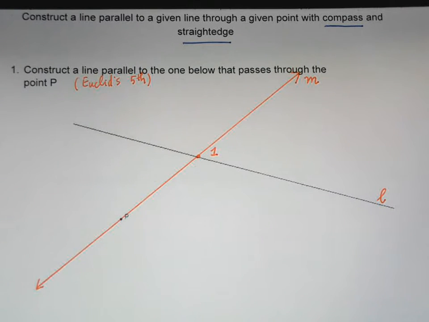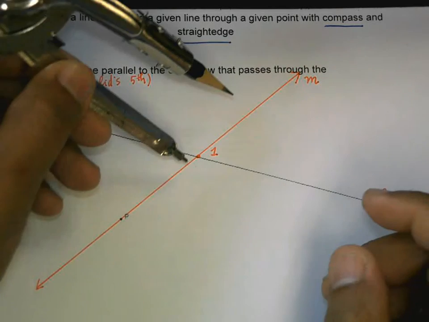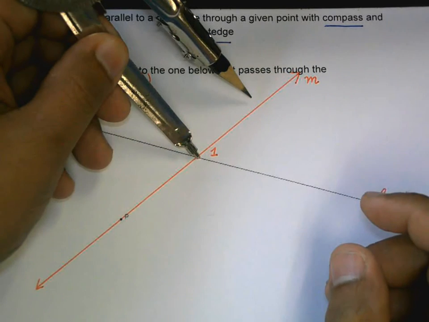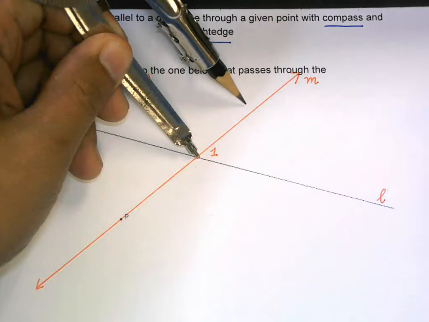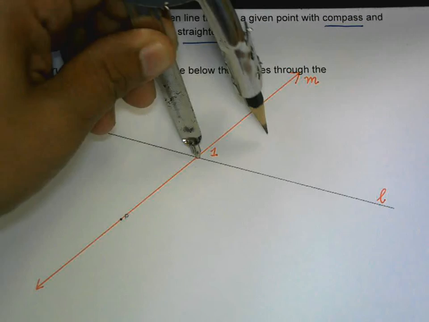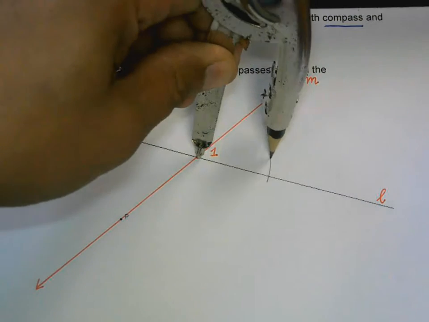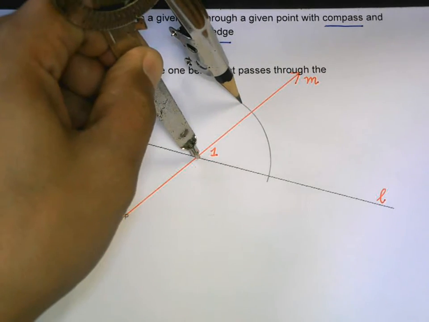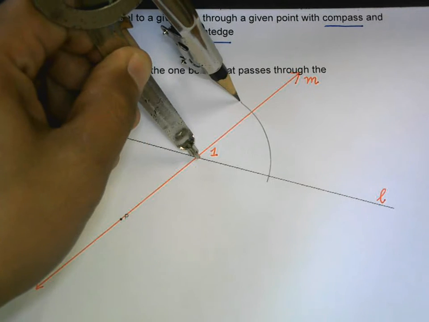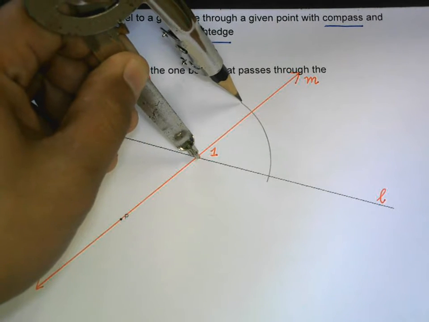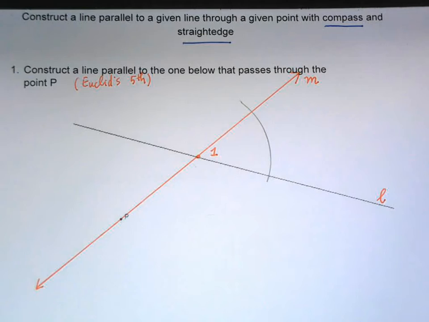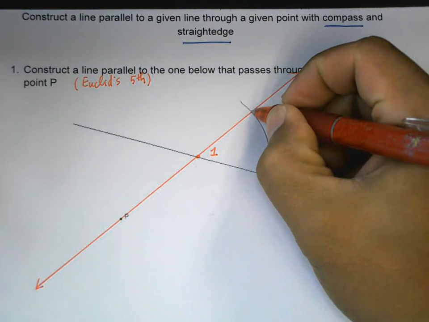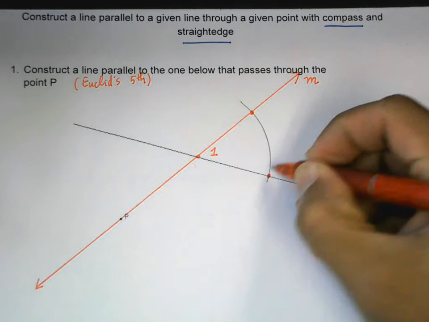I'm just going to go through the construction with you, and then afterwards we'll look at why it works. The first step is to set my compass on the vertex of angle 1 and draw an arc there. Then I am going to take my pencil and name where the arc intersects the two lines.